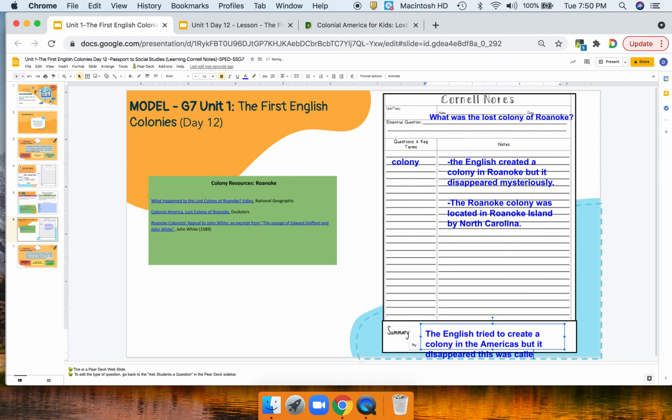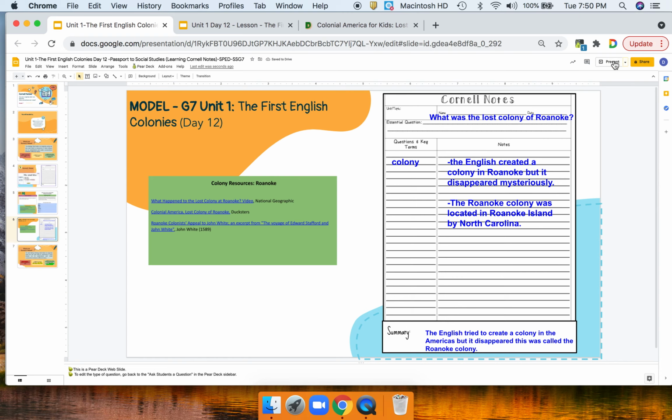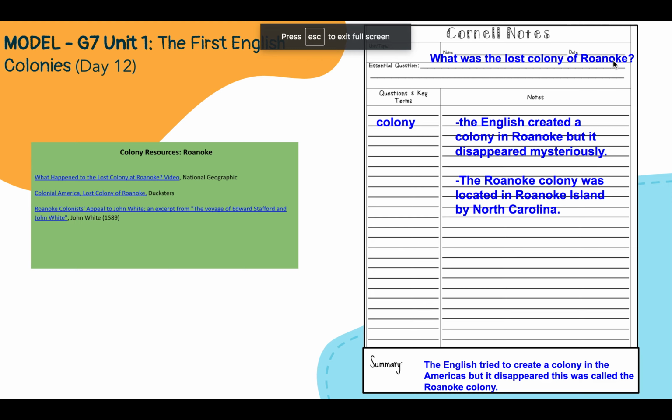This was called the Roanoke Colony. And of course, I only read a small portion of the text just to give you an example of how we can use this Cornell Notes strategy to help us build our understanding on a resource.